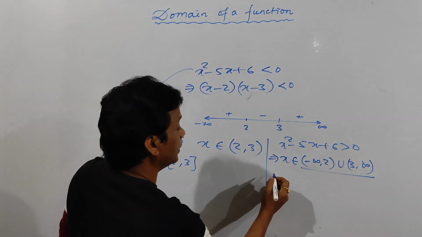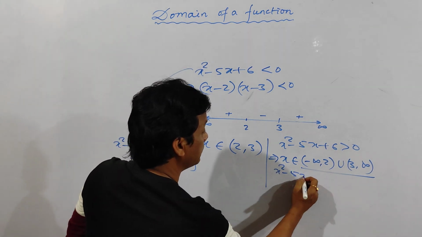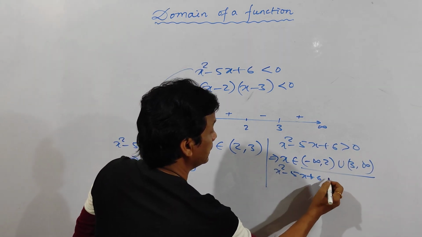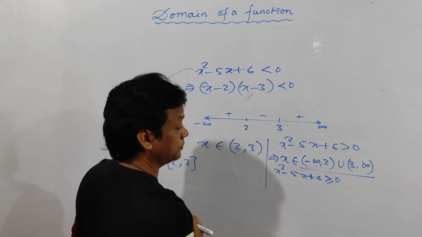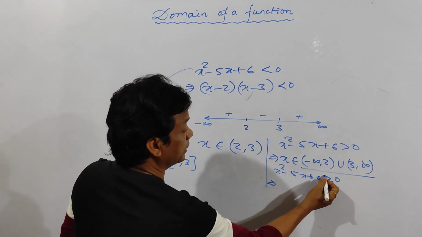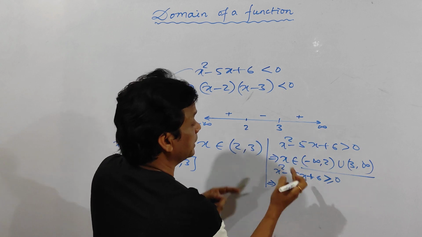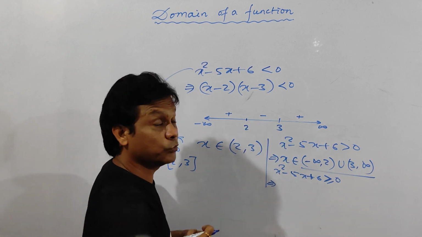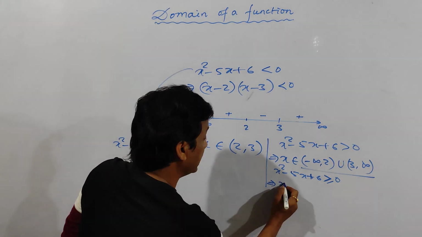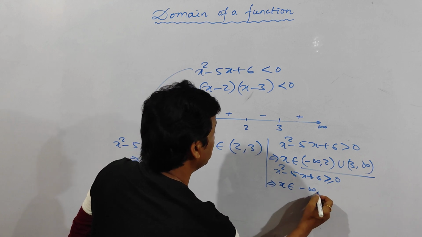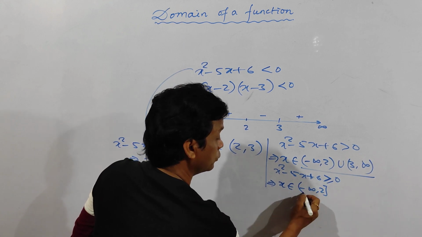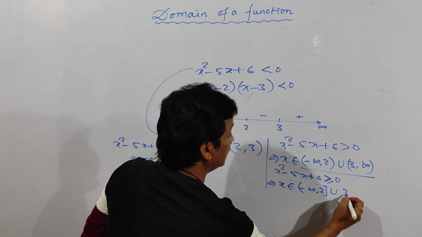Here again another question. x square minus 5x plus 6 is greater than or equal to 0. That means greater than 0 means these two intervals, and equal to 0 means you should include these two points. So x belongs to (minus infinity, 2] union [3, infinity).